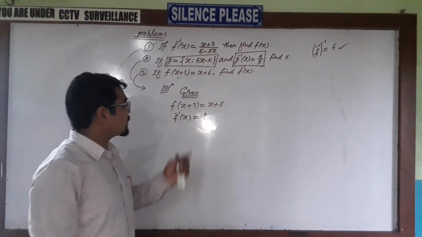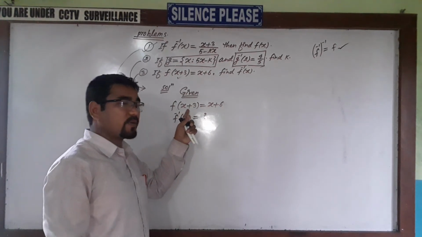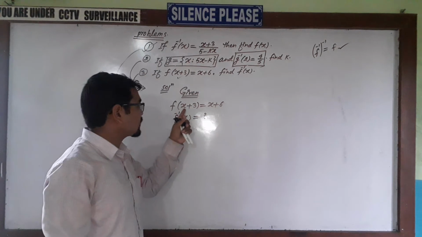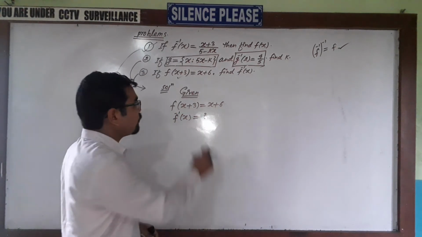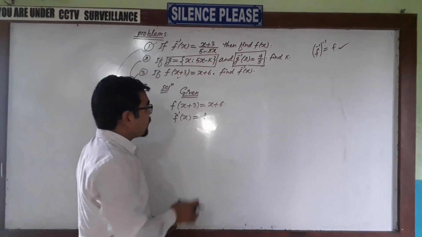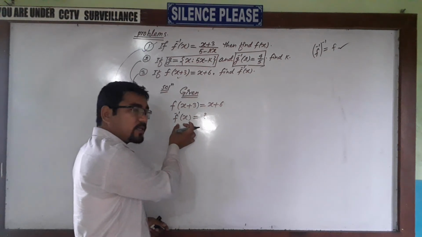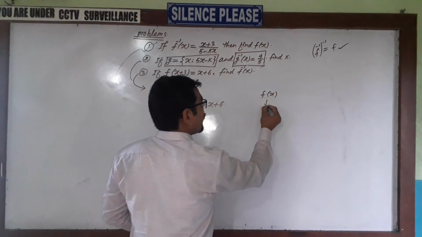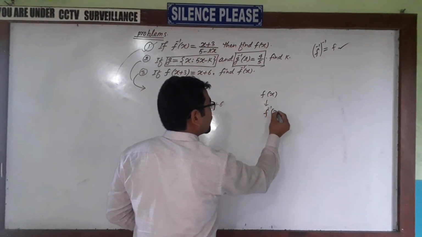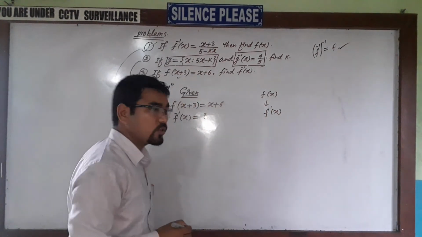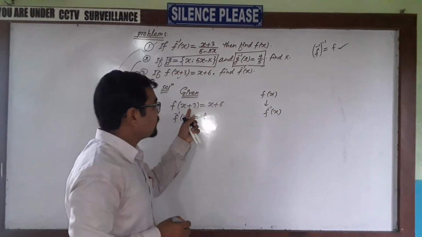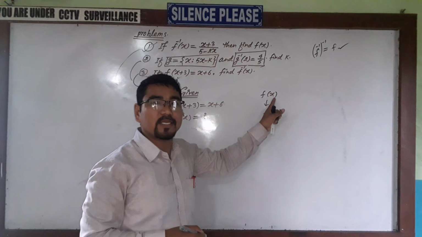So dear students, here the function is given, but in a little bit complex form. F of x plus 3 is given. The input value is x plus 3. But to find f inverse x, you have to get f of x. Then only we can find f inverse x from there. So this function should be expressed in the form of f of x at first.